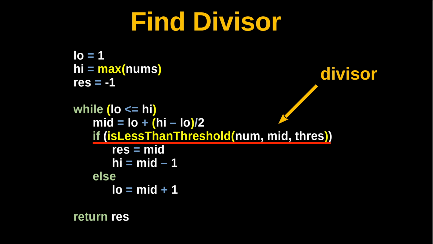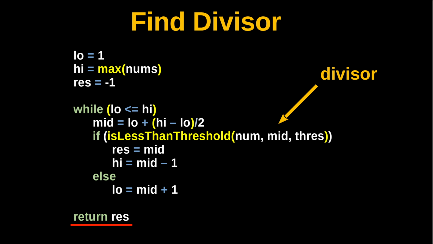The mid value is the divisor that we are trying at this iteration. If this works, then we assign the results to the mid value because we have found a divisor that works, and then we move the value high to mid minus 1, so we search in the lower half of the range. However, if this divisor does not work, we search in the upper half of that range, so we move the low value to mid plus 1.